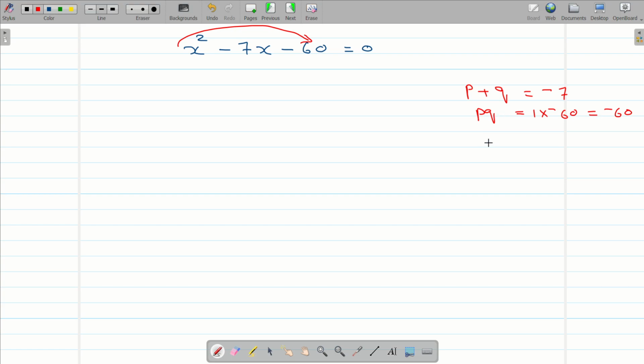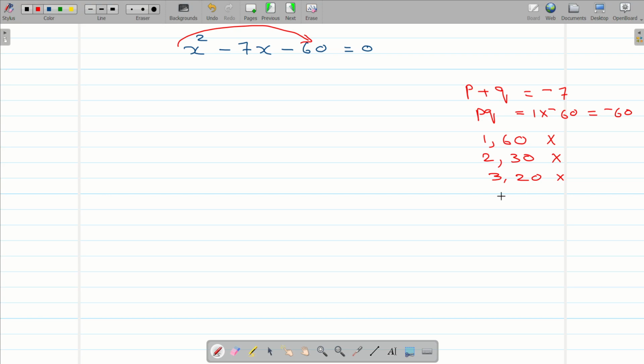So which are those factors? 1 and 60. If the product is negative, we are going to see the difference. So difference is 59, it's not equal to 7. Then 2 and 30, difference is not 7. 3 and 20, difference is not 7.